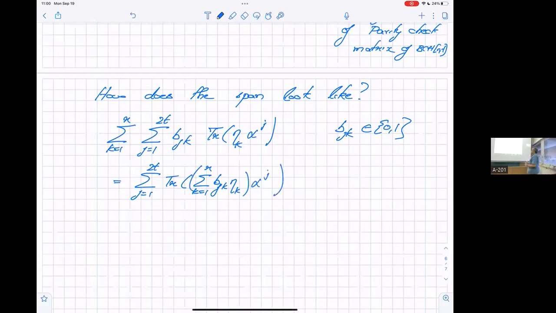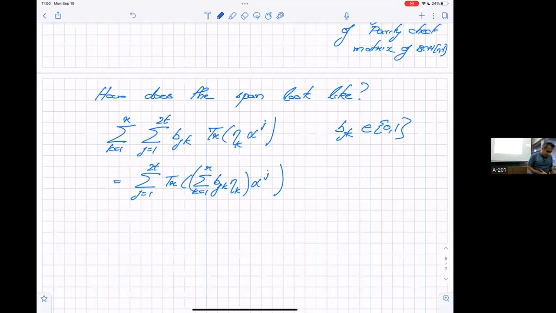Is that right? Yes. Now, eta k are linearly independent elements. So if I take the choice of b_jk, this just goes over any possible beta 1, beta 2. This can be any element in the large field.